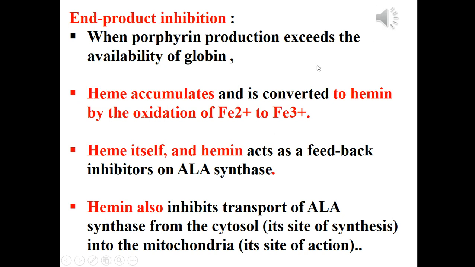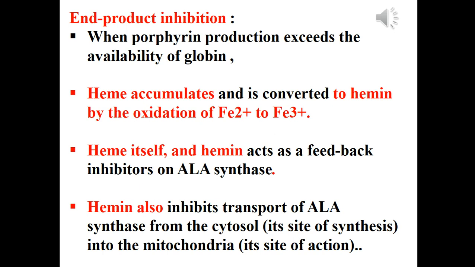The end product inhibition. This is normal regulation of porphyrin production. When porphyrin production exceeds the availability of globin, heme accumulates and is converted to hemin by oxidation of ferrous to ferric. Heme itself and hemin act as feedback inhibitors of aminolevulinic acid synthase enzyme.